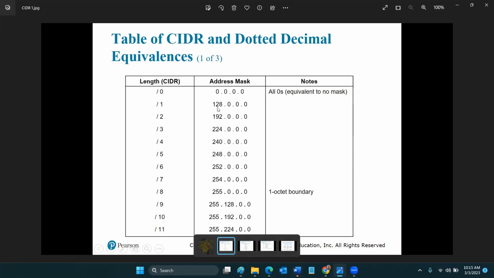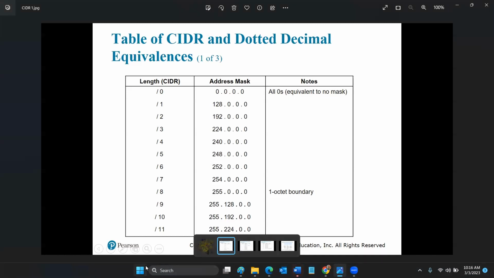When you see the octets in decimal format here, the 128.0.0.0, if you look at the binary equivalent of that, this first octet is 10000000. There is a single one at the very lead, followed by 7 zeros and then 24 more zeros. Does everybody hear that?